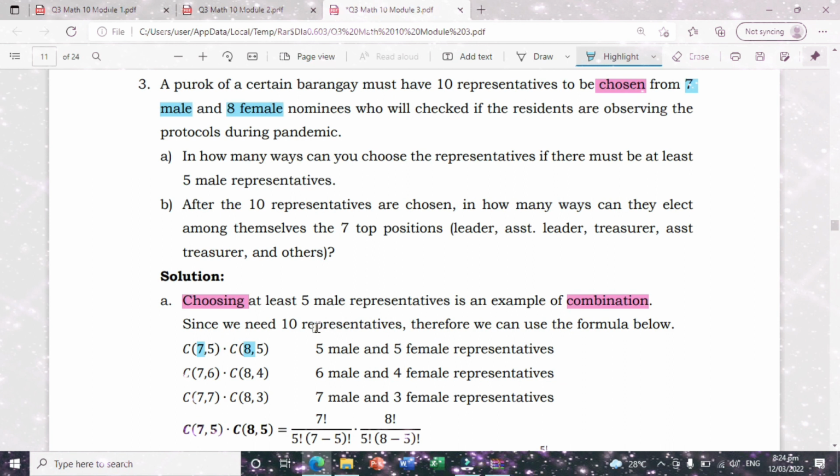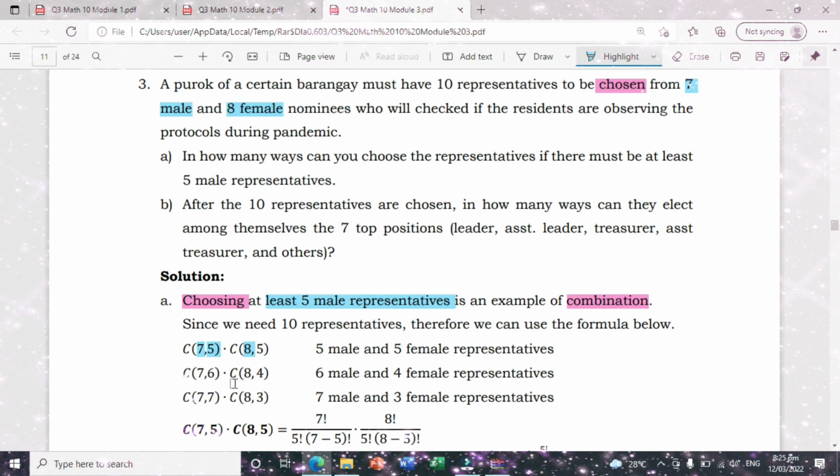Una, at least man lang sinabi. Pag sinabing at least 5 male representatives, so in other words, pag sinabing at least, yung pinakamaliit na number, mula sa 5, 6, 7, or depende na kung ilan na lang. So, dito may 5 male. O, yan, 5.